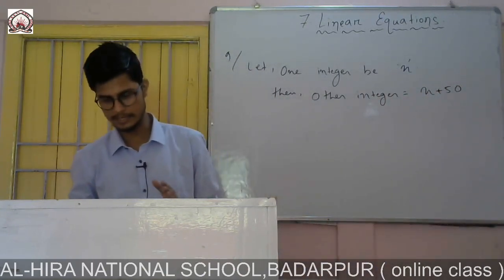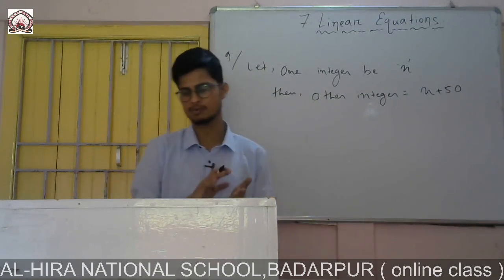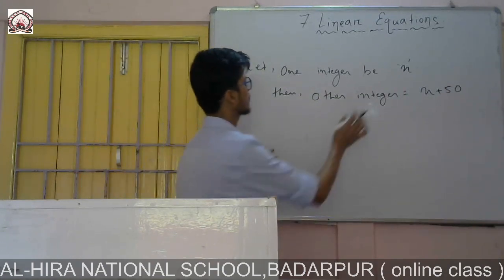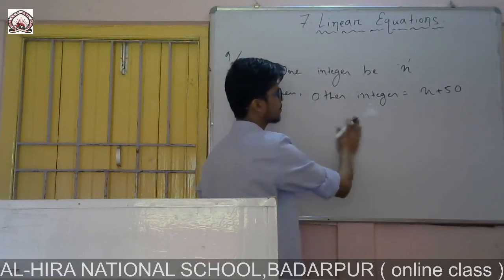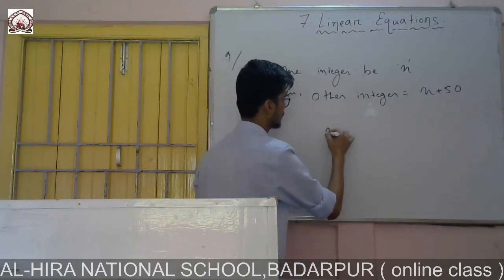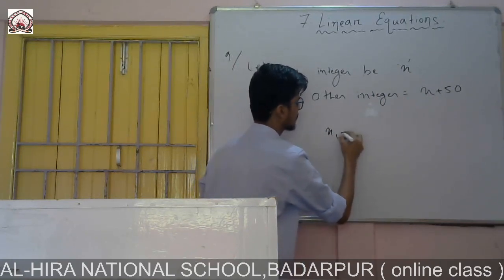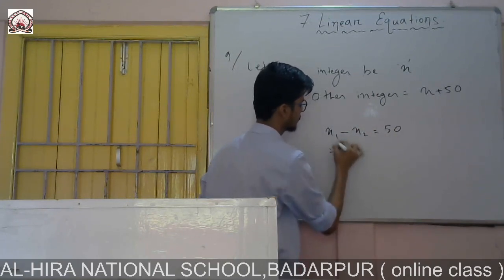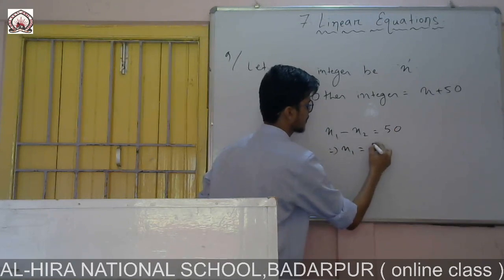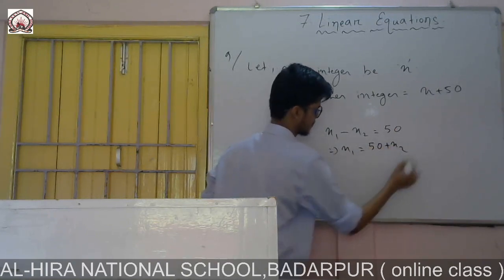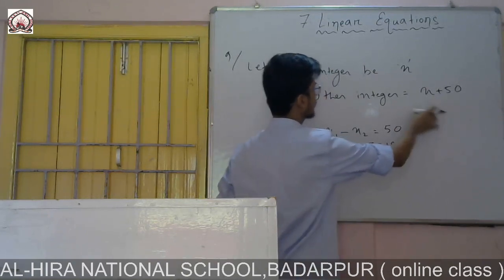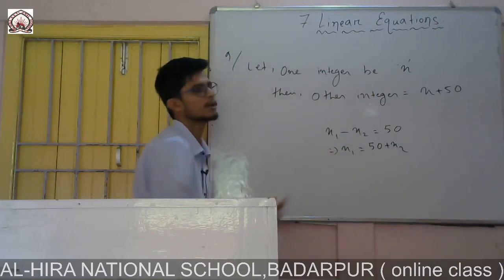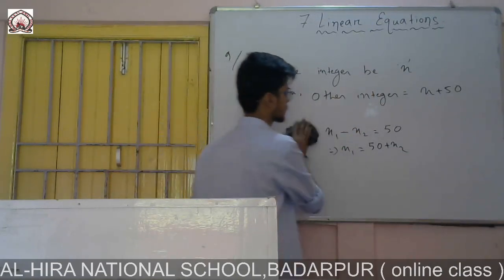Because the question says the difference of these two terms is 50. That means from the first one, if I subtract the second one, I will get 50. Let the first one be x1 and the second one x2, and the difference is 50. That means the first one I can write as 50 plus x2. So the same I wrote: the first one is x, then the next one is x plus 50.